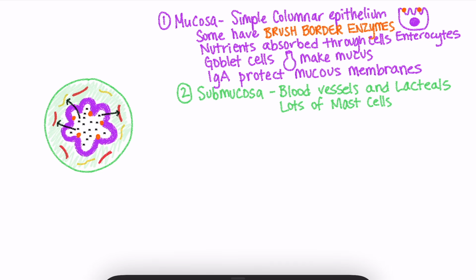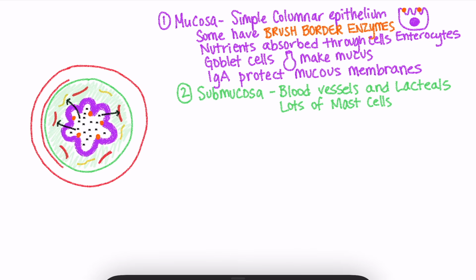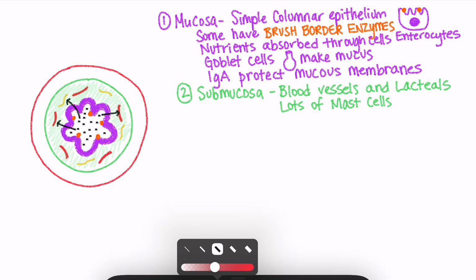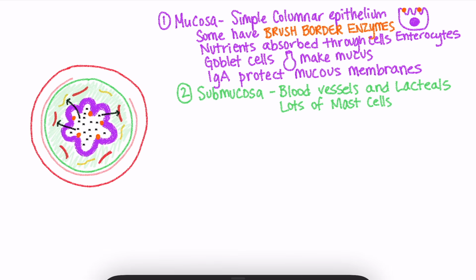Okay, then the next layer out is going to be a layer of muscle. This is one of the layers of the muscularis externa. This innermost layer is circular, so I'm going to draw it like this. This just represents circular smooth muscle that can squeeze down on whatever food is in the lumen and help to move it along.